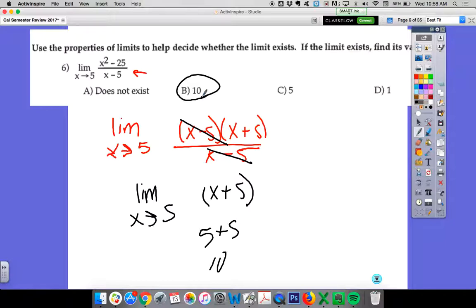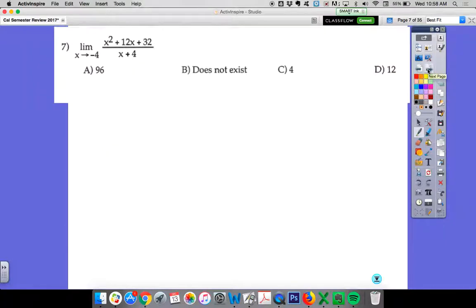Okay. Let's do one more, and I'm going to stop this little video thingy. Can't plug it in because you get 0 at the bottom, so we've got to factor. So if you did that, what 2 numbers multiply to 32? I have a question. Where does the 32 go? Oh, but wait a minute, you're factoring, right?